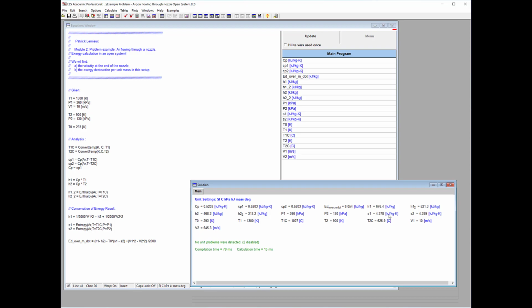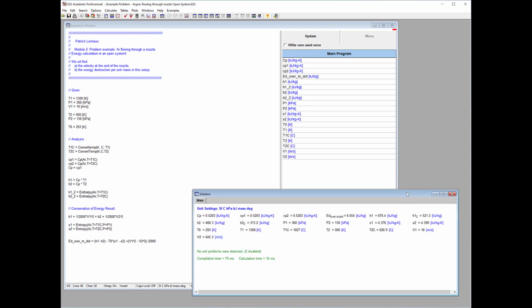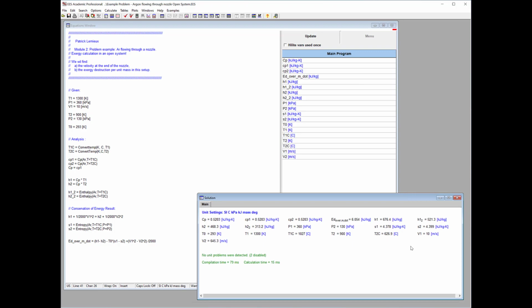Everything else looks okay. Oh, we still had this problem with the enthalpies that didn't match, right? When we were using the ideal gas law versus when we're using the enthalpy call. Very often what happens, especially in an enthalpy call, is a question of where the zero enthalpy is defined.